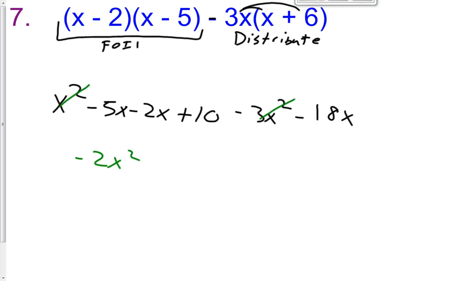A negative 5x minus 2x is a negative 7x, and a negative 7x minus 18x is a negative 25x's. And then we have our constant term of plus 10. So our answer for this one is a negative 2x squared minus 25x plus 10.